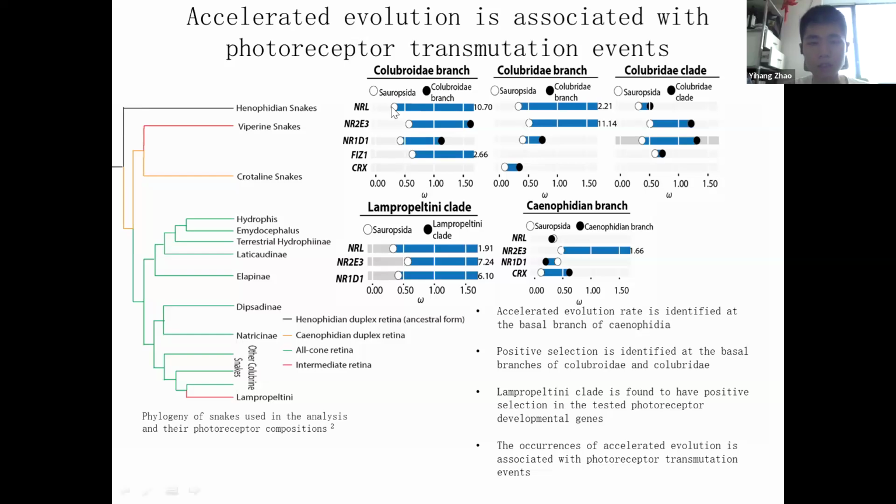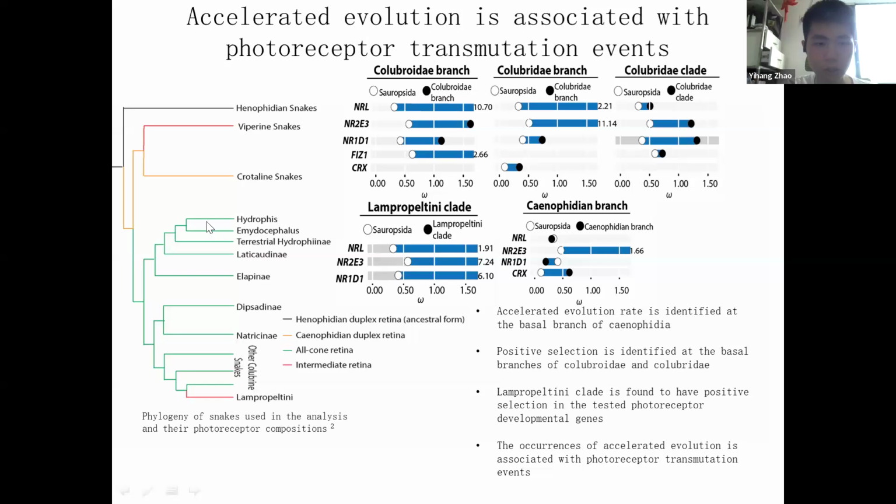Given this, I can analyze the dN/dS ratio for these branches and clades where transmutation events occurred. And what I have found is that for the basal Caenophidian branch, there is an accelerated evolutionary rate, as shown here. So there is positive selection and also an elevated dN/dS ratio.